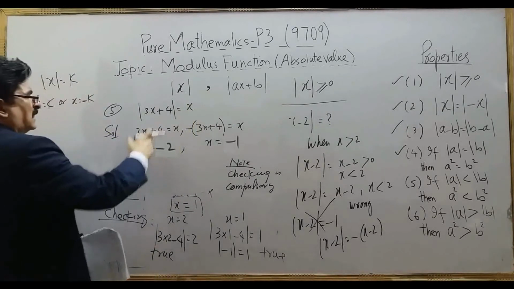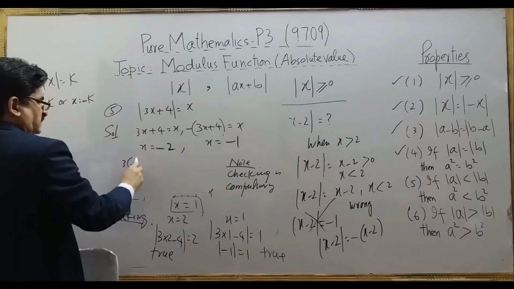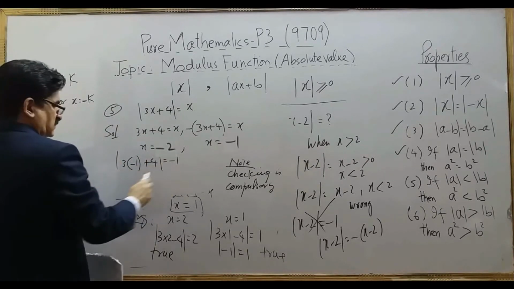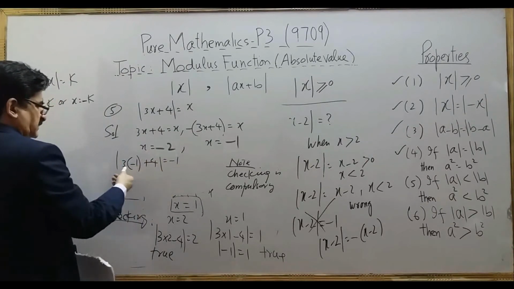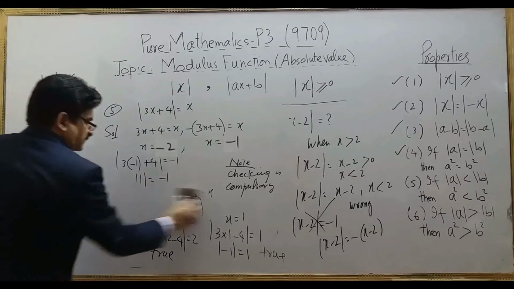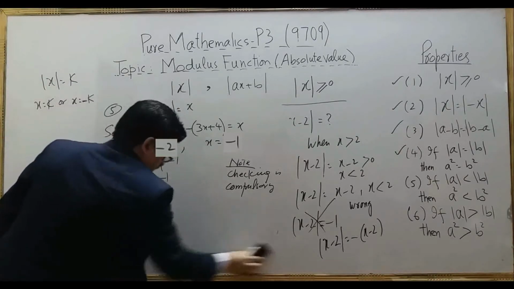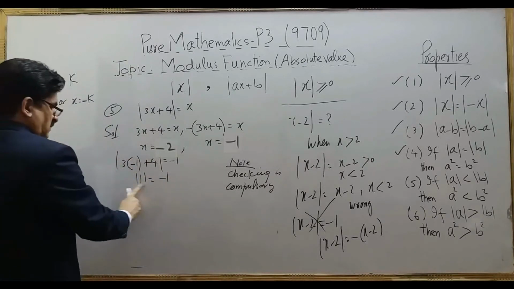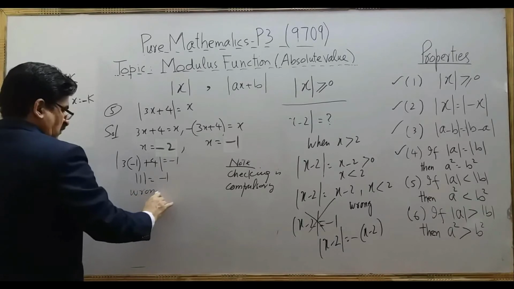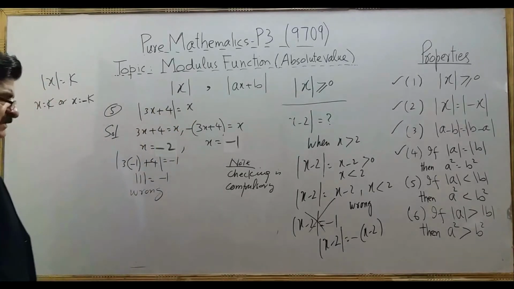Not possible. You can see also like this, that |−1 + 4| is equal to −1. So this is positive, this is 1, this is 1 mod and this is −1. This is not possible. So this is wrong. Similarly, you can see that is wrong.